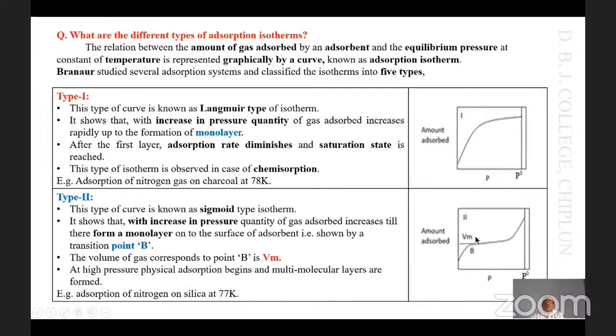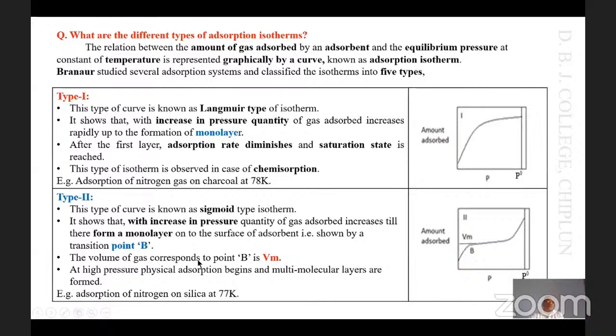Vm is nothing but the volume of a gas required to cover the entire surface of an adsorbent with a unimolecular thick layer. At high pressure, adsorption begins and multimolecular layers are formed onto the surface of an adsorbent.